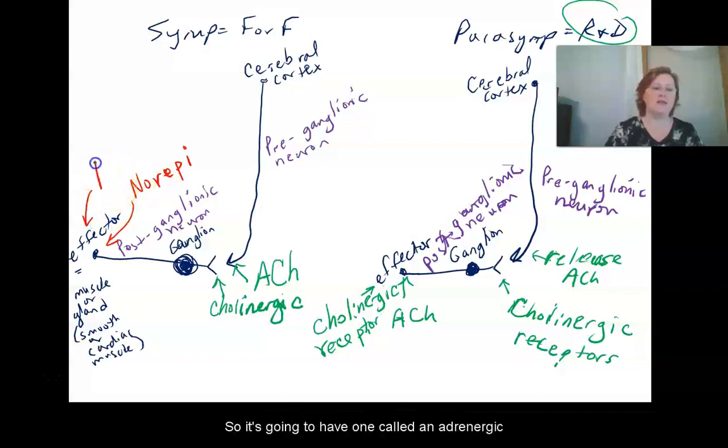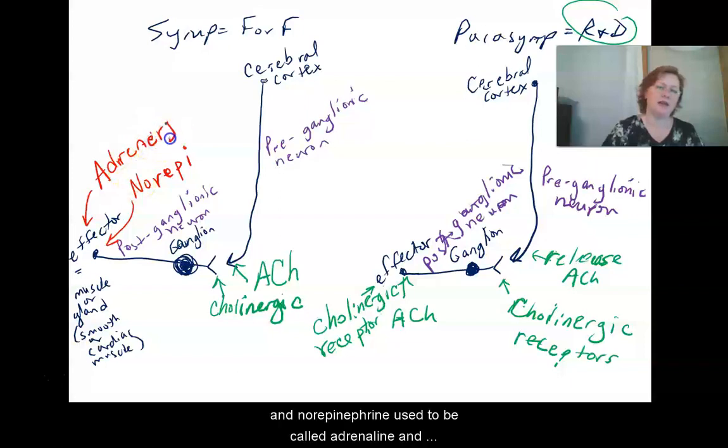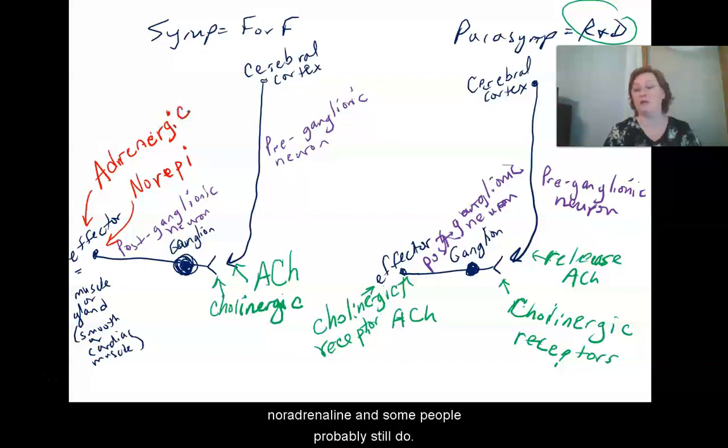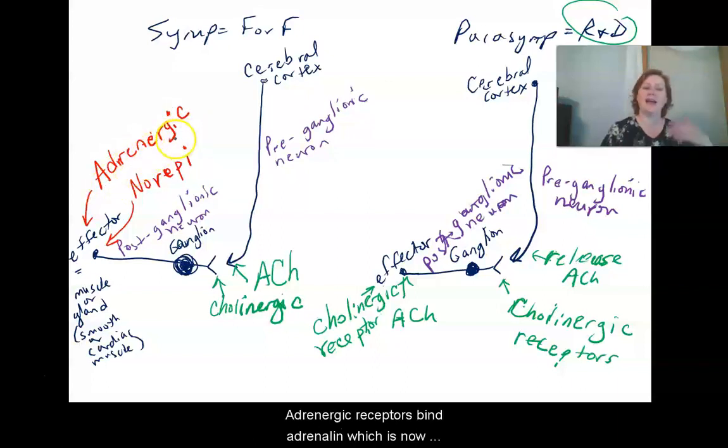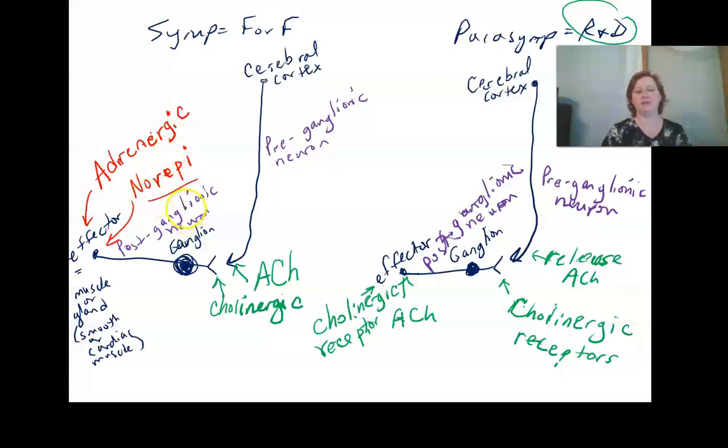So it's going to have one called an adrenergic receptor. Because if you remember, epinephrine and norepinephrine used to be called adrenaline and noradrenaline, and some people probably still do. So the receptor is named by its old name. Adrenergic receptors bind adrenaline, which is now known as epinephrine.